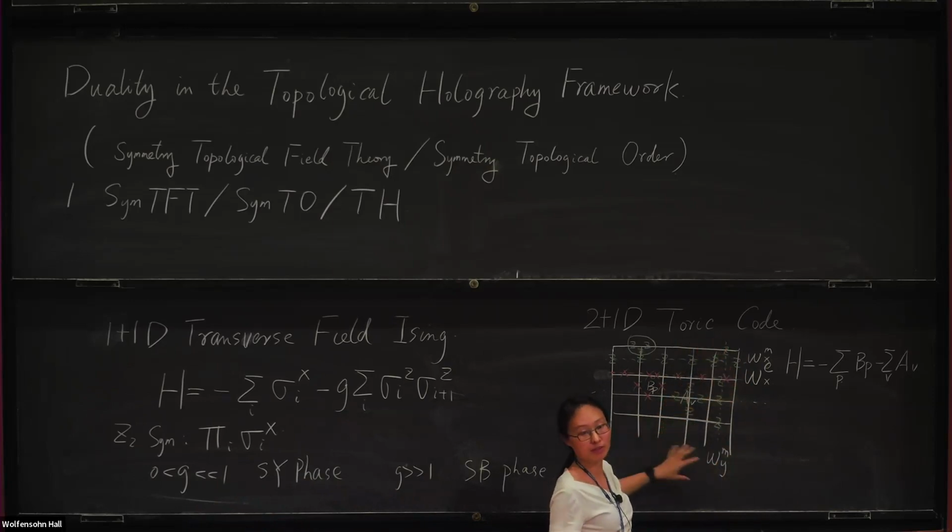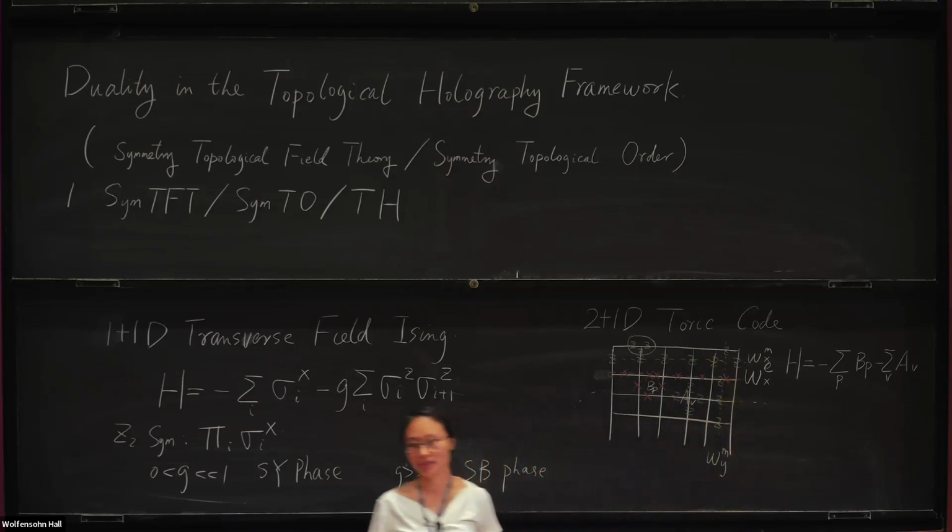We haven't specified what happens down here. We don't care what happens down here. But at least in the bulk and on the top boundary, everything commutes with this string operator.